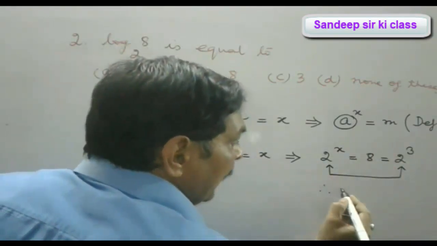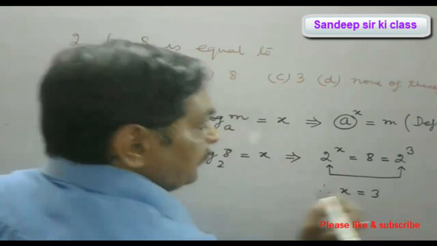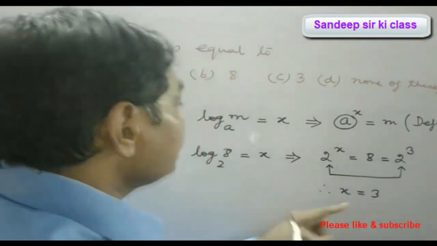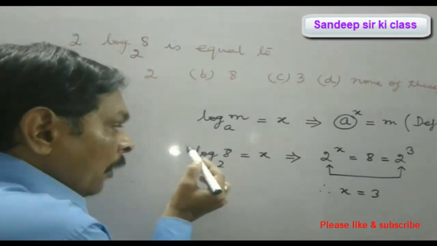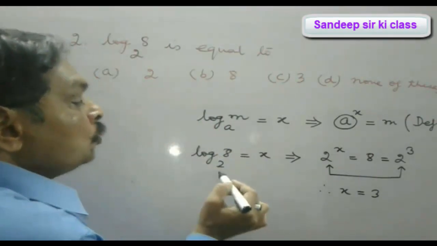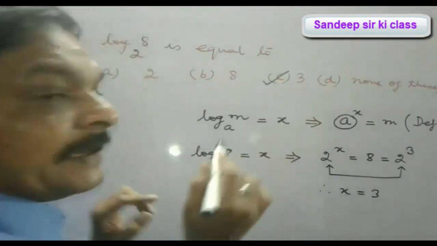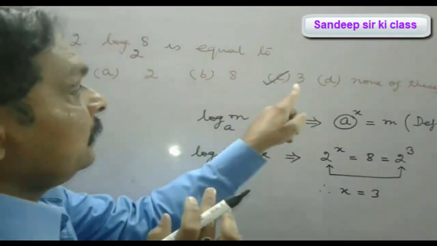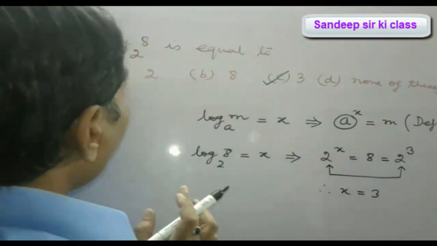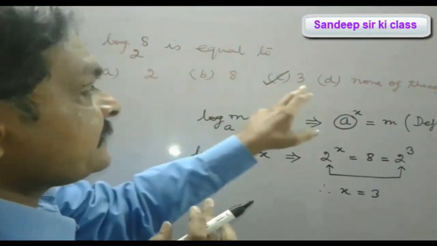So therefore x is equal to 3. X is equal to 3 means the value of log 8 to the base 2 is 3. So our option C is the correct answer. Answer is that log 8 base 2 is 3.